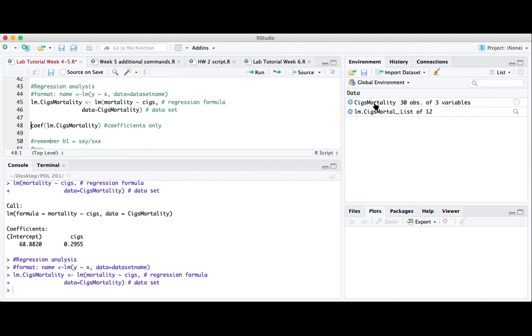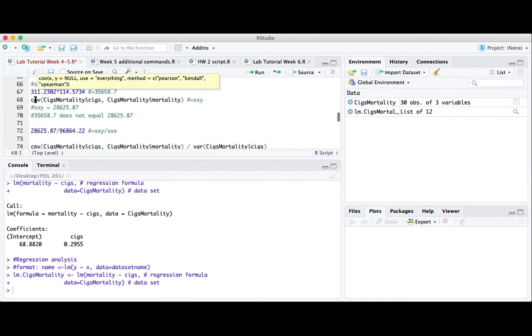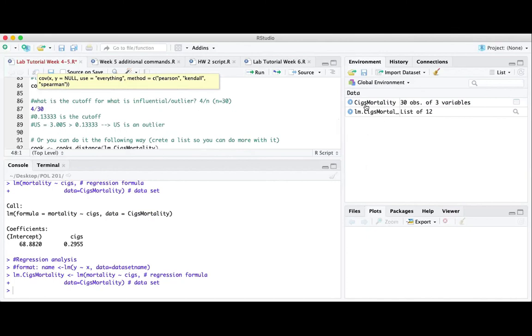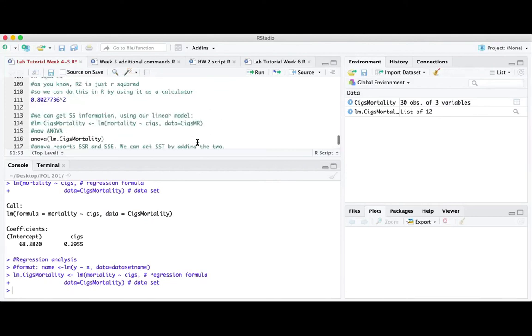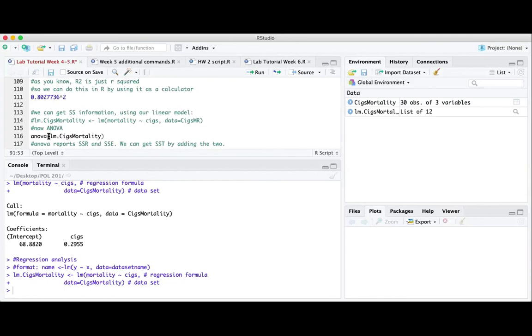So I can use it to pull not only the coefficient information, but other information as well, right? So again, I'm using exactly what I created last time, that linear model list. Whatever you called it, you put that in there.